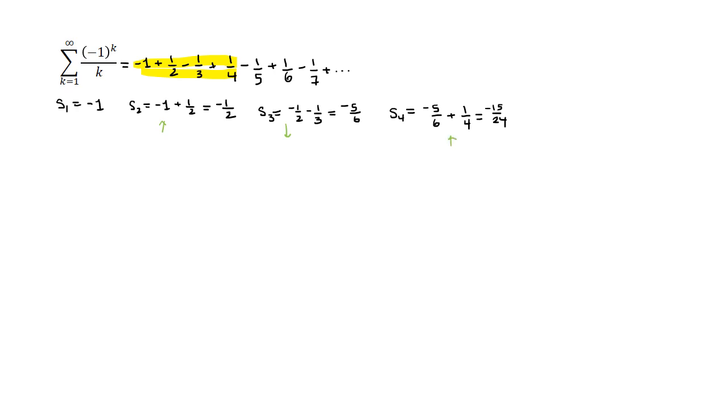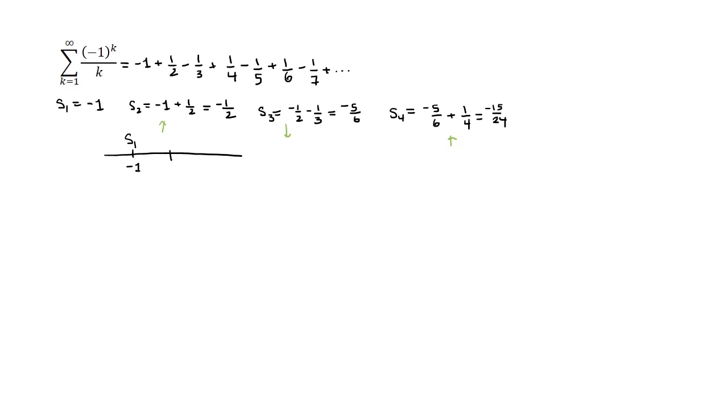So there are a couple of things we can notice here. The terms that we're looking at are getting smaller in magnitude each time, right? So if we think about drawing out where these terms lie, we have negative 1, which is S1.